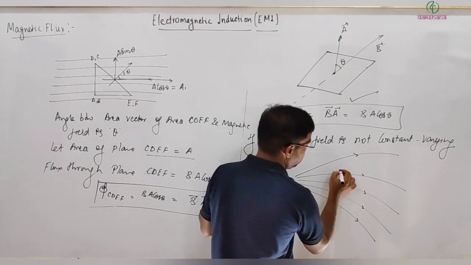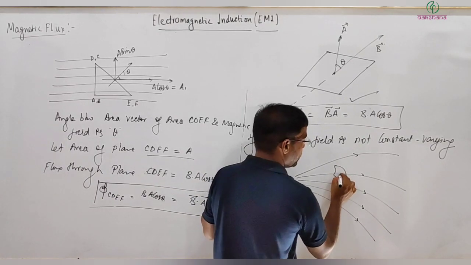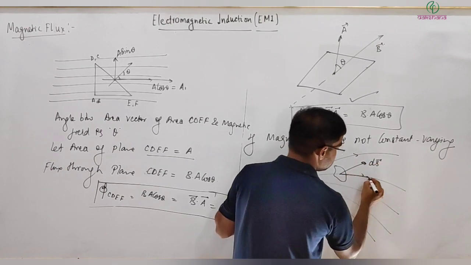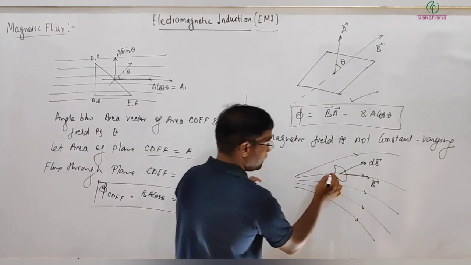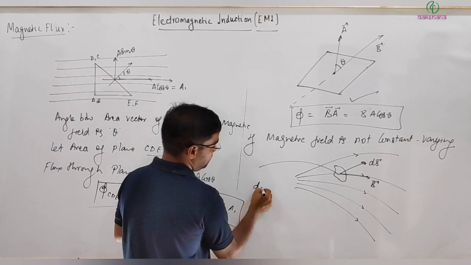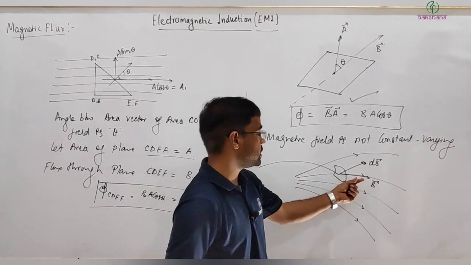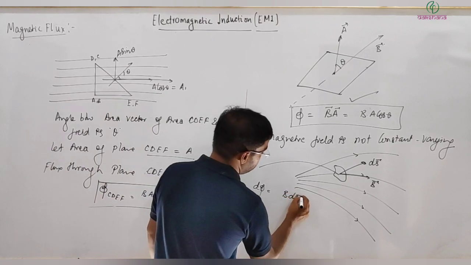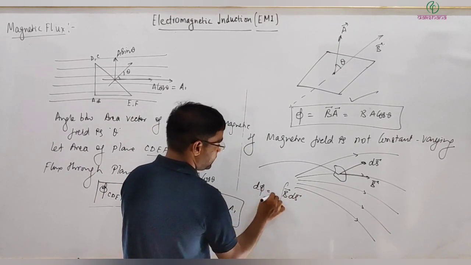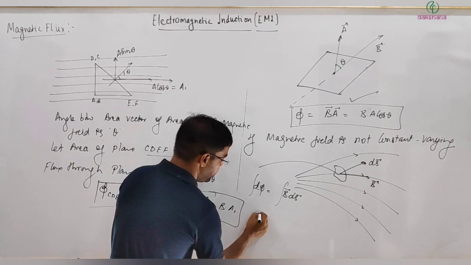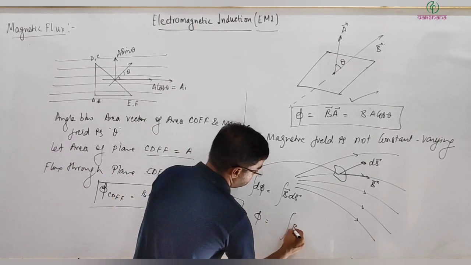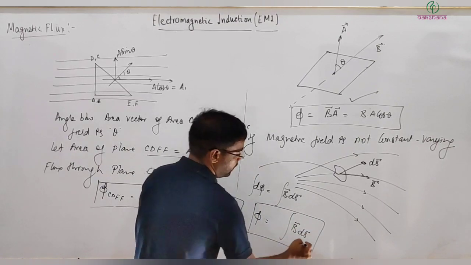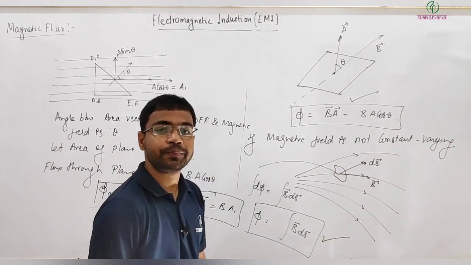In this situation we consider one small area, let's say this, and its area vector is ds bar and this is B bar. Then the flux through this, that means d phi, we write as the dot product for this small element, B bar dot ds bar, is it? And the total flux phi is the integration of B bar dot ds bar, and this is your magnetic flux.